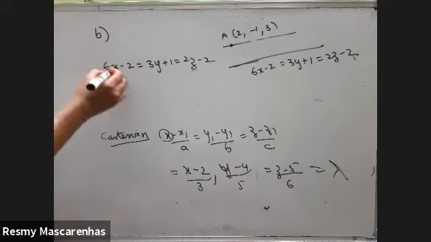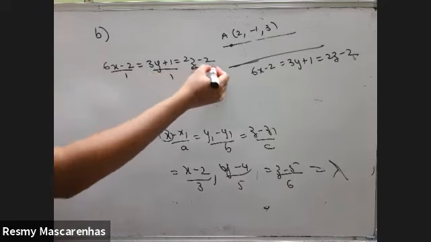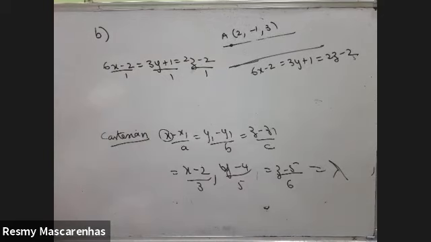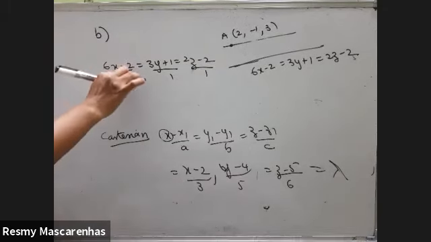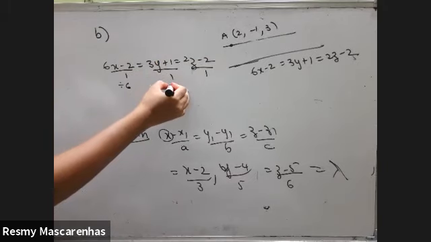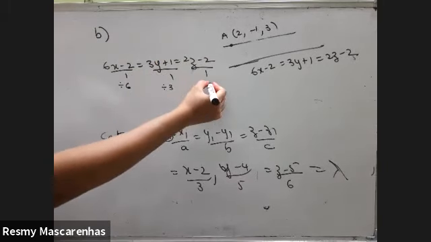If nothing is there, it means it is 1. Now make this x single. To make this x single, you'll have to divide numerator and denominator by 6. You have to do this internally over here. So here you'll have to divide by 6, here you'll have to divide by 3, and here you'll have to divide by 2.